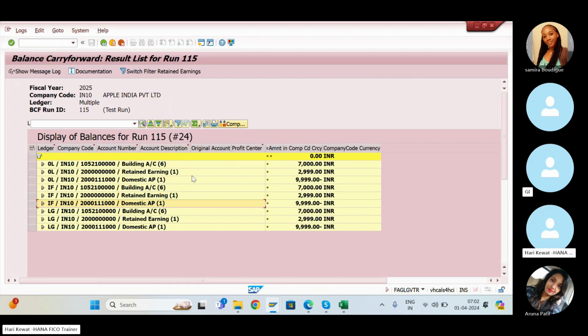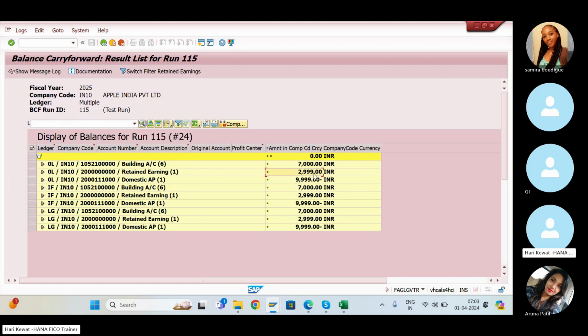So whatever difference the PNL has will come into the retained earnings GL. I have created one retained earnings GL but two ledgers. This is 0L; you will understand the ledger concept a little later. See here, this is the balance: whatever was there last year, that is 7,000, will become the opening balance.